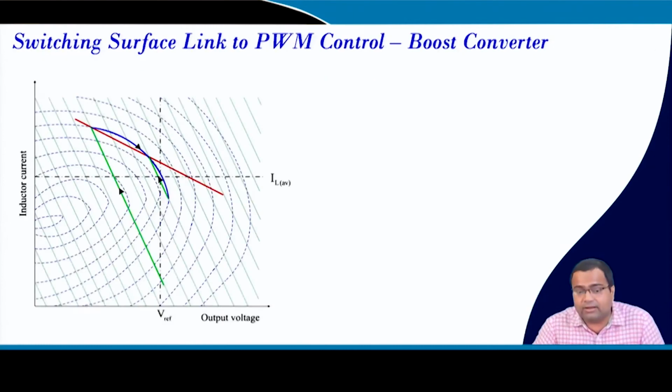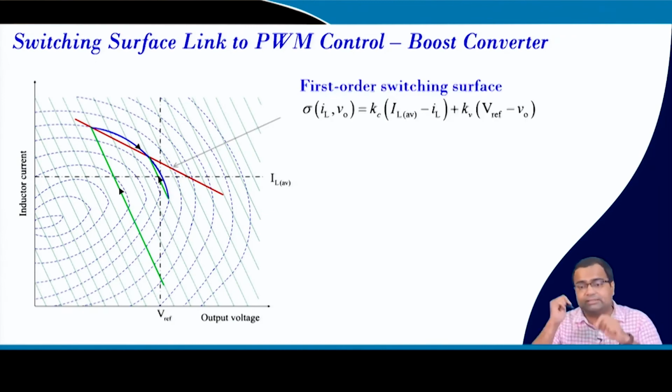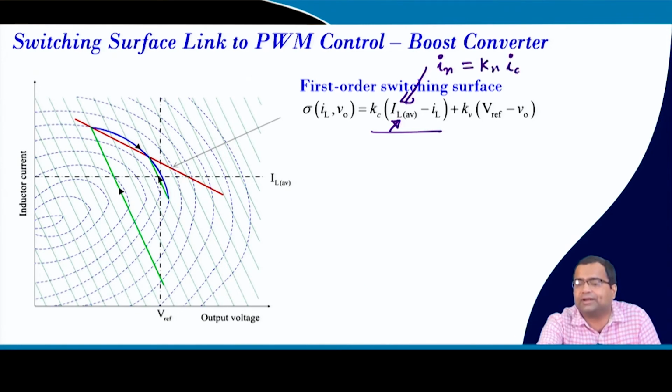So, how can you link this switching surface with your control logic? This is a first order switching surface where Kc is the current loop gain, is my average current, and this is exactly what I told, it is my normalized current. That is nothing but a normalization factor into load current, and this is my inductor current, this is my reference voltage, and this is my output voltage.